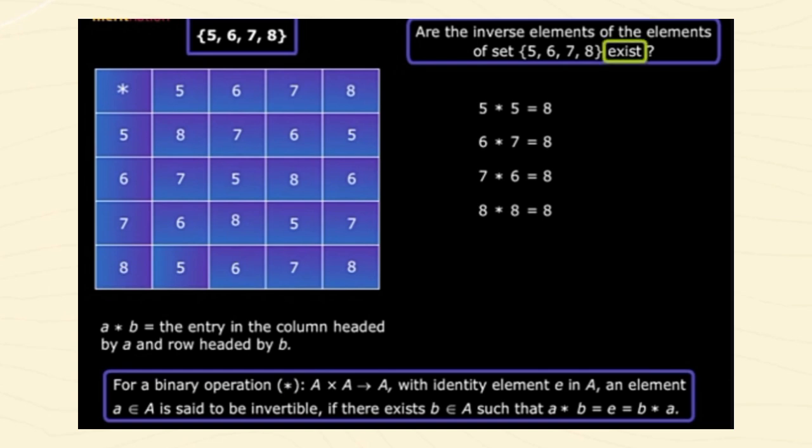Now, for a binary operation star that is defined from A times A to A with the identity element E, an element A that belongs to set A is said to be invertible if there exists B that belongs to set A such that A star B equals E equals B star A. So, what are the elements of the set here? 5, 6, 7, and 8.